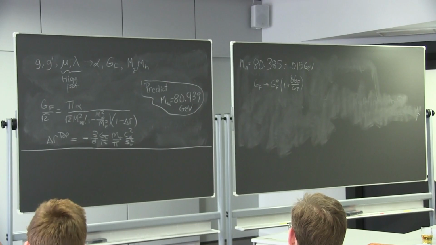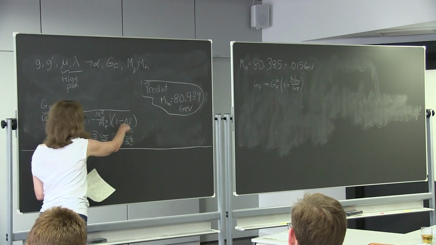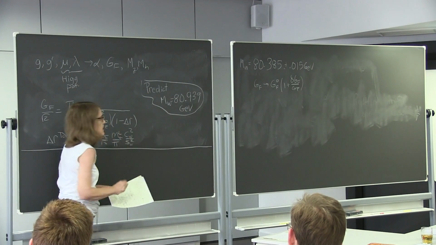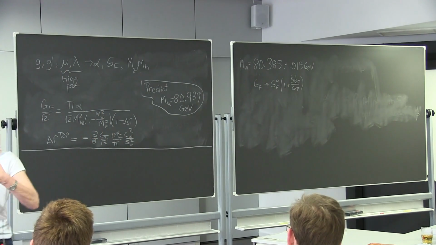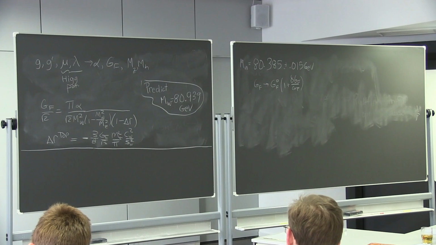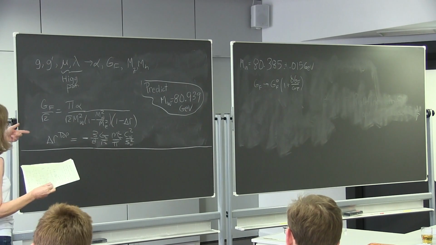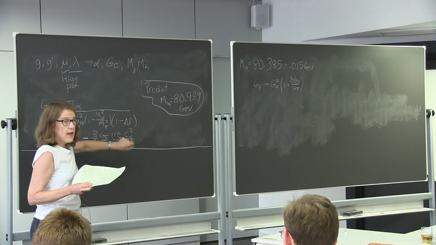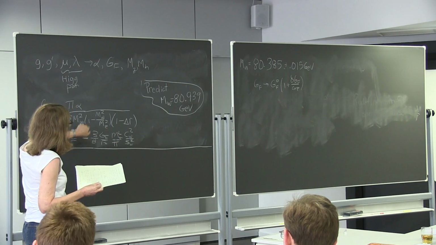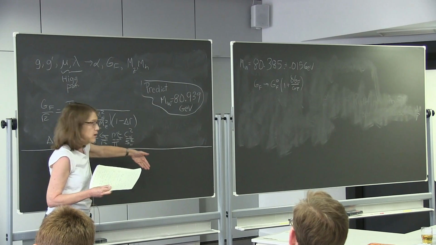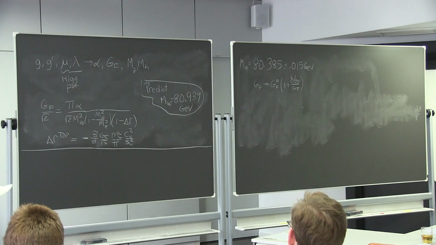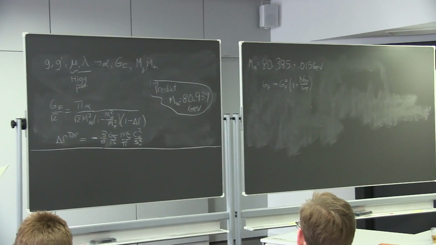So the contribution to these radiative corrections from the top goes like mt squared, or G Fermi mt squared, or mt squared over v squared if you like. So there are very large radiative corrections from the top quark which go like mt squared. And if you work out the sign, it is such as to pull the prediction down closer to the observed value. So the prediction gets much closer to the observed value.